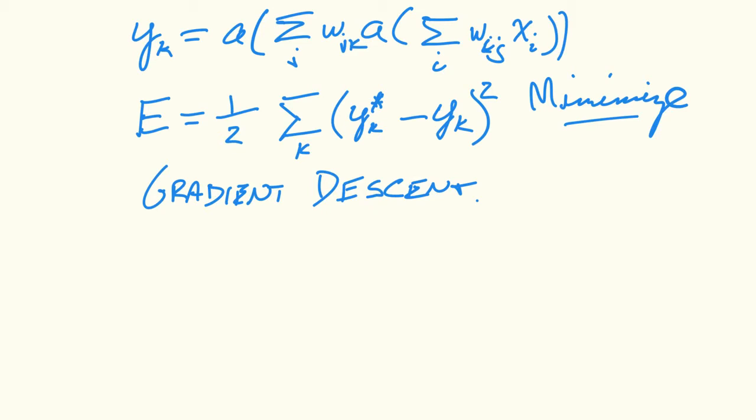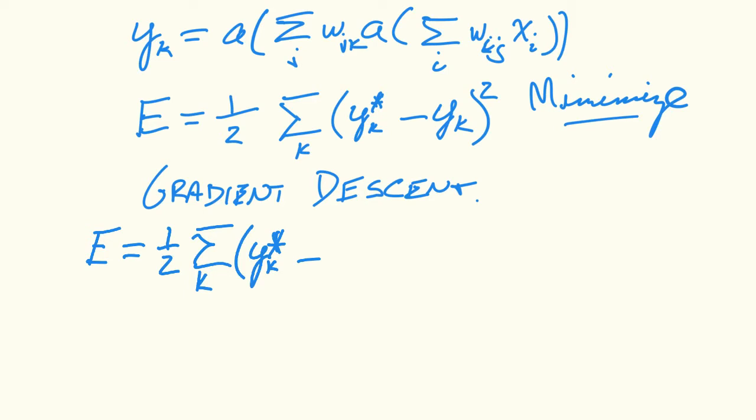All right, so let's expand out our error function here. It's 1/2 the sum across all K of Y star K. Remember, Y star is what we actually want, our target function, or target vector.